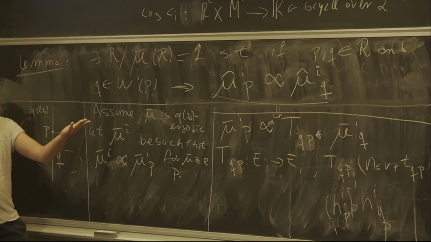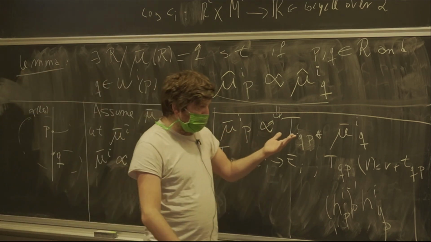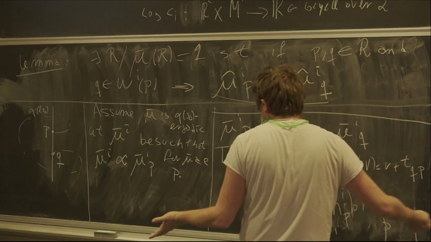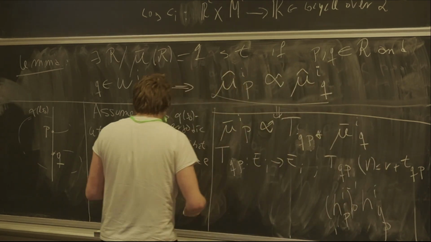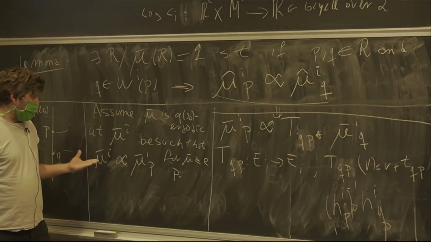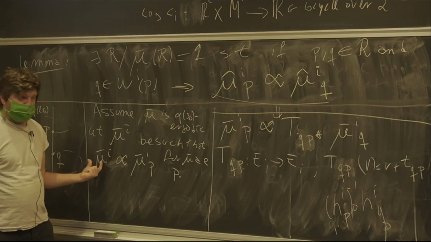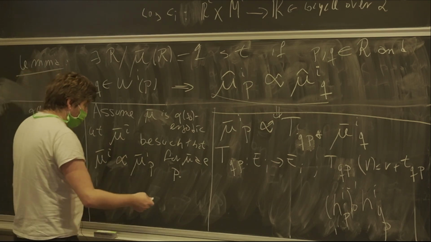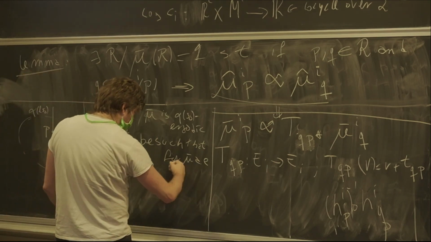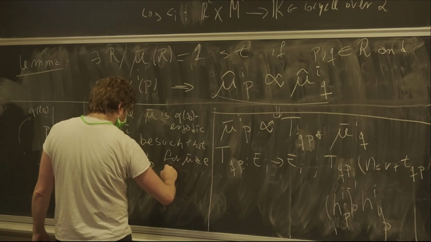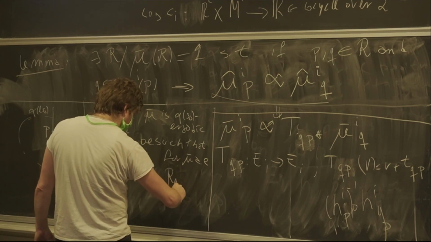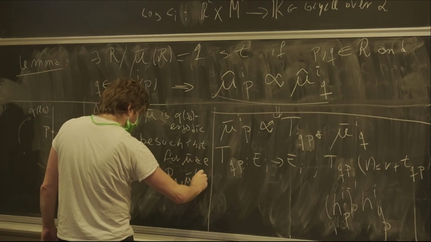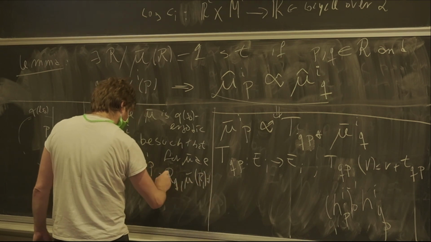That's ergodicity. So we saw that this function is invariant, regardless of ergodicity. Ergodicity then tells me that this is constant. So let's say on a set R1, mu bar of R1 equals 1.